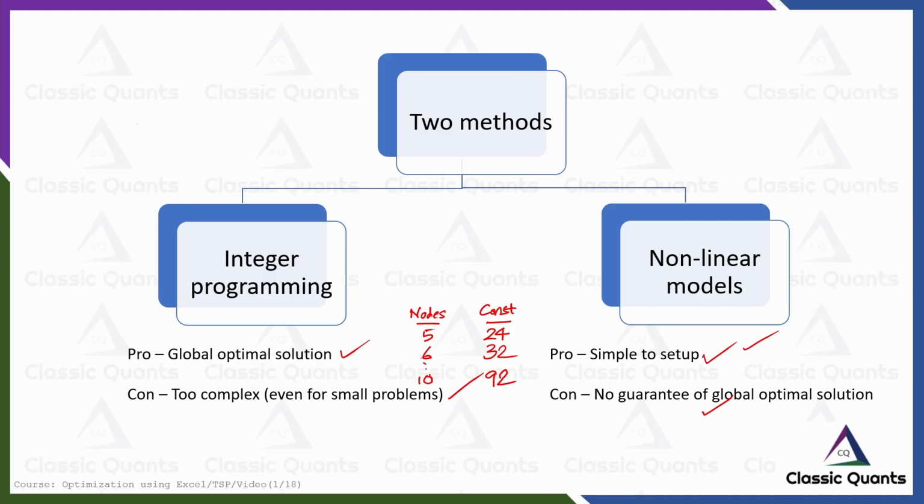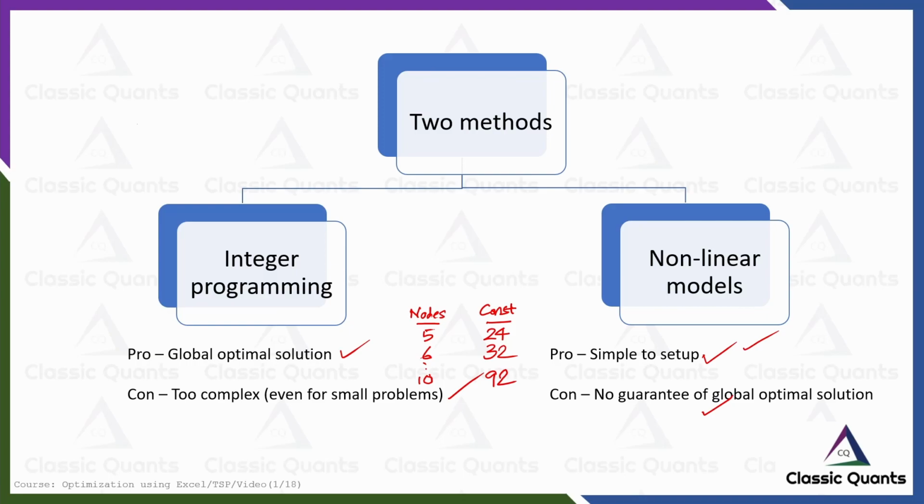So that is the most pressing disadvantage of integer programming models in this case. Otherwise, for small problems, you can obviously use it because it is, of course, the most robust method.